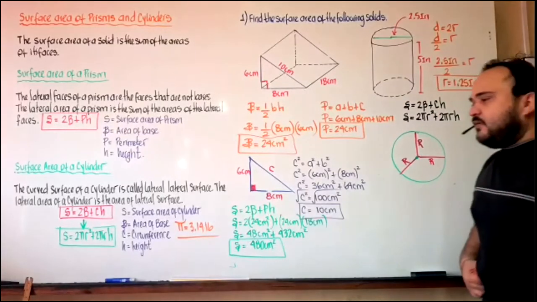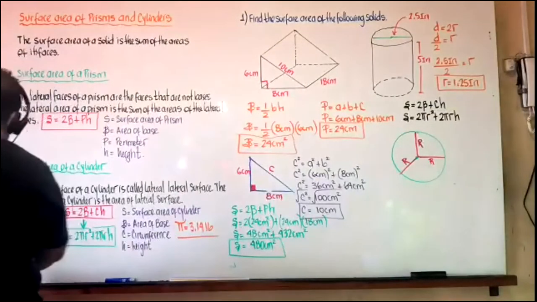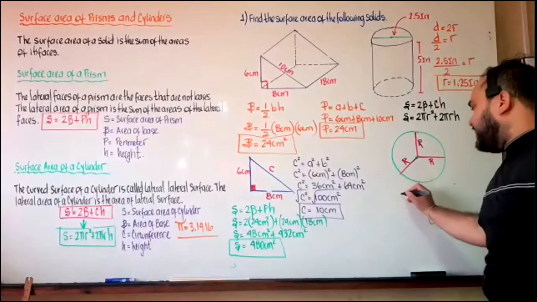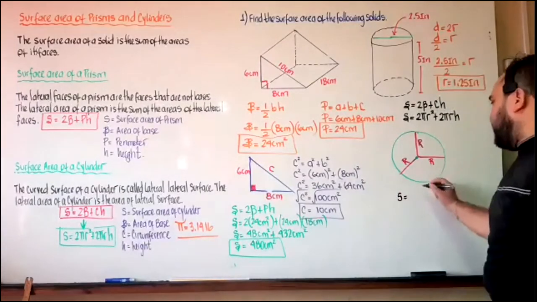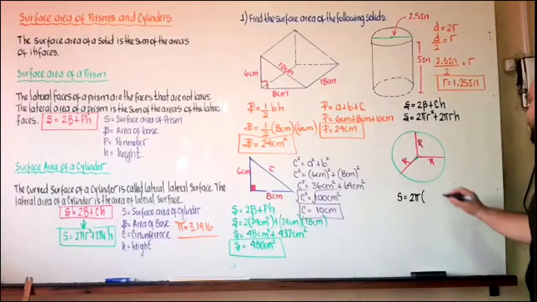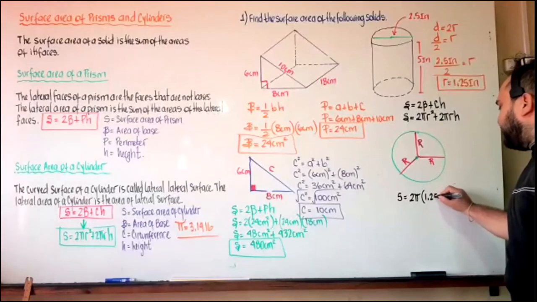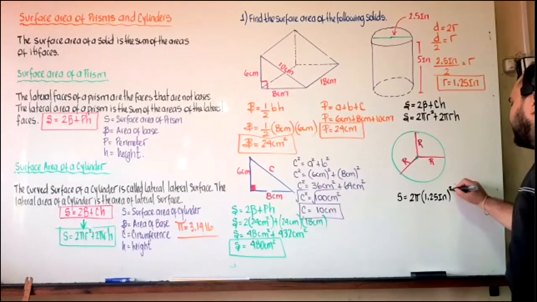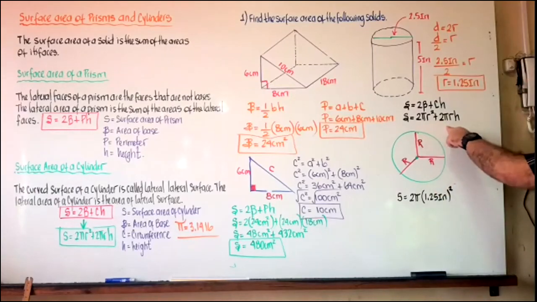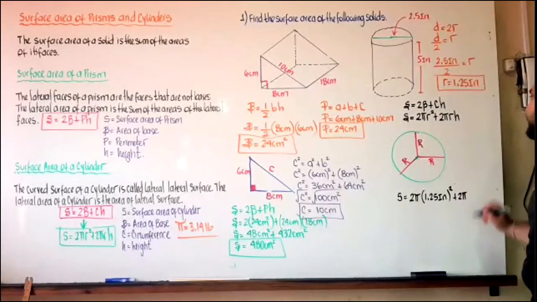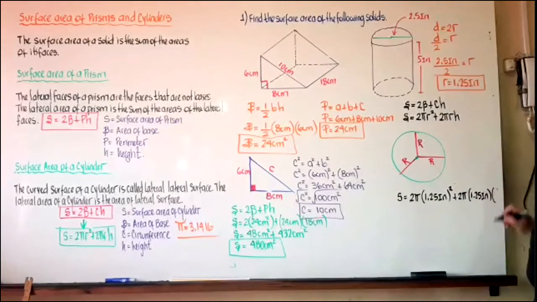Now, because we identified the radius, the only thing we have to do is replace these values. S equals 2 times pi, parentheses, the radius 1.25 inches, close parentheses, raised to the second power, because we are plugging into this formula, plus 2 pi multiplied by 1.25 inches times the height.